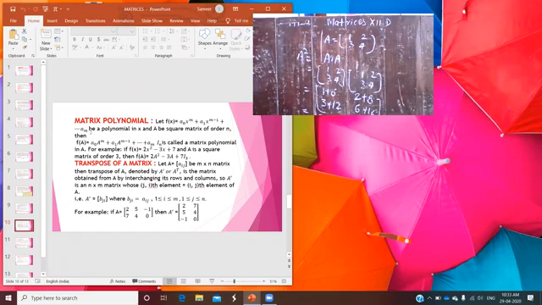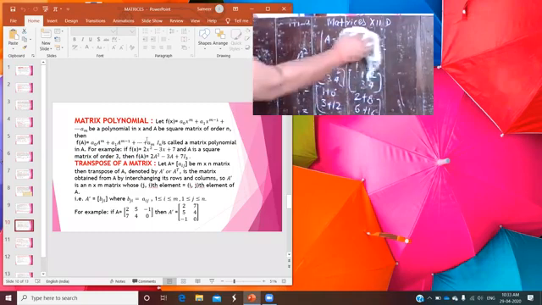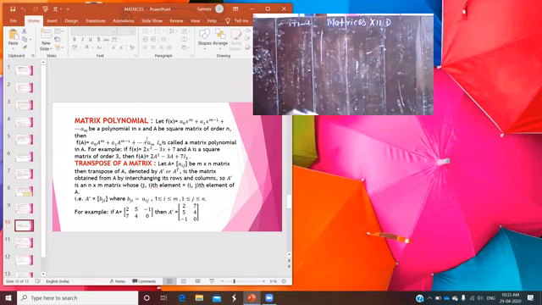So matrix polynomial means you are already familiar with the polynomial function. Suppose you have a polynomial function f(x) = a0 x^m + a1 x^(m-1) + ..., a polynomial in x, and A is any square matrix of order n. Then f(A) is known as a matrix polynomial.